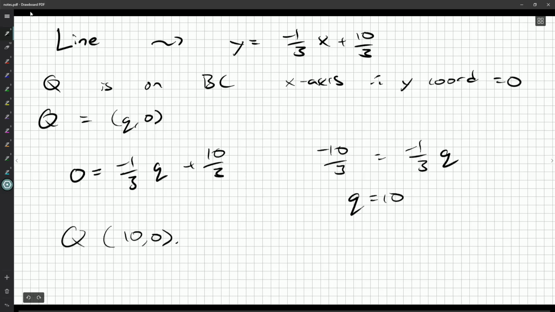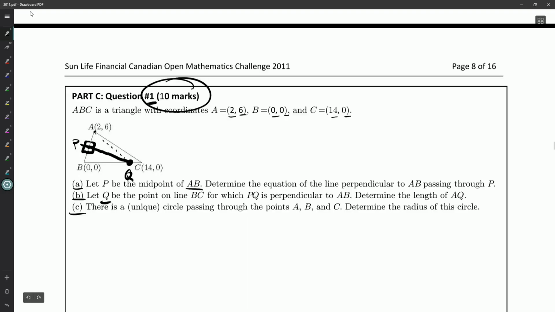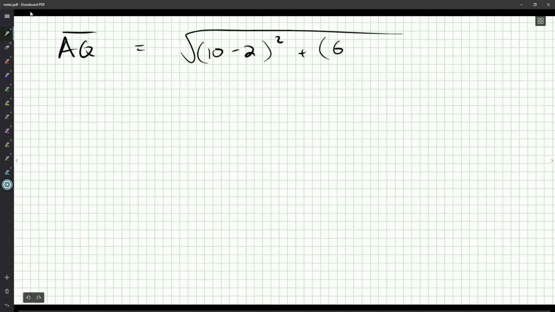Okay, what's the distance between A and Q, the length AQ? That's what we want. So AQ is the square root of the square of the difference in the x-coordinates plus the difference in the y-coordinates. And technically I should have the order here, but the order doesn't really matter.